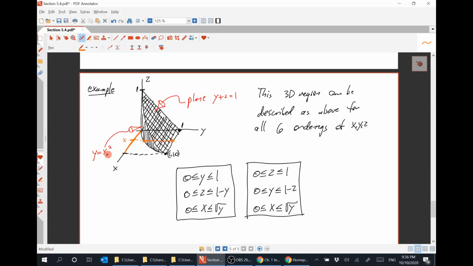That's y equals x squared, y equals 1. So 0 less than or equal to x less than or equal to 1, x squared less than or equal to y less than or equal to 1.